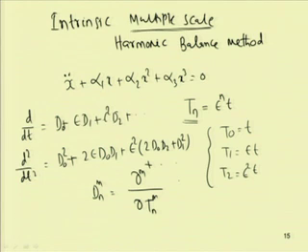Now, by using these terms in the governing equation, one can use this method of multiple scales to solve this equation. But in the case of the intrinsic multiple scale harmonic balance method, we will combine both the multiple scale method and the harmonic balance method.